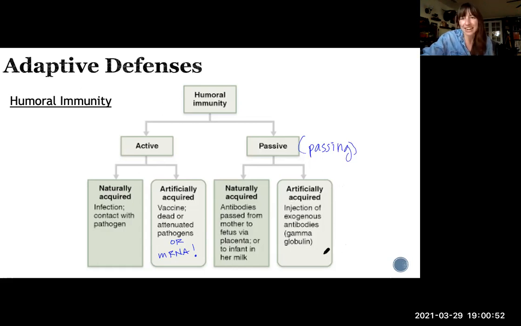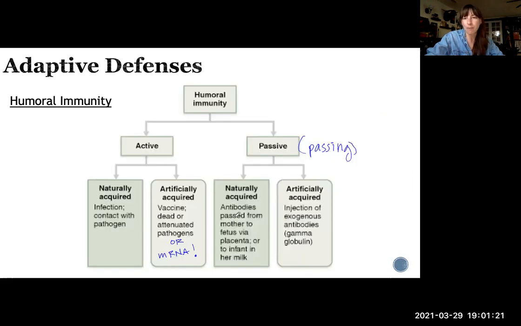You can technically also inject exogenous antibodies and get passive humoral immunity to something, but it's really not the same and doesn't last as long as active humoral immunity. Okay, so getting the antibodies secondhand is no substitute for making the antibodies yourself in your own body.